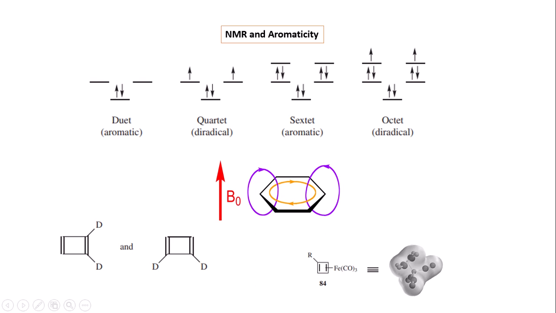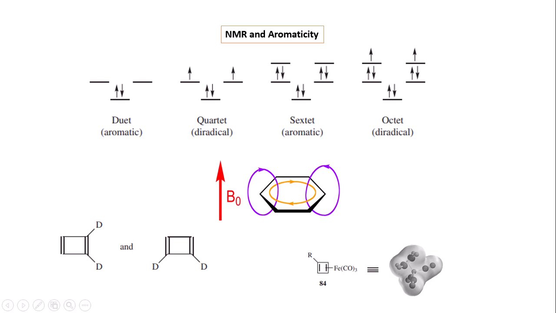That means the inner protons in the antiaromatic case fall in the paramagnetic zone, but in the aromatic systems, inner protons fall in the diamagnetic zone. That is, in antiaromatic systems the inner protons are deshielded, but in aromatic systems inner protons are shielded in nature.